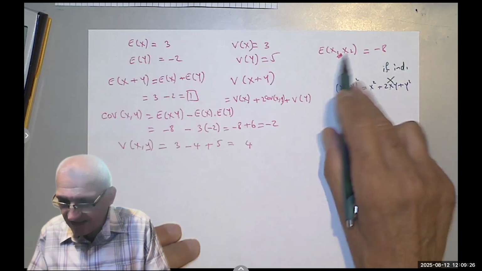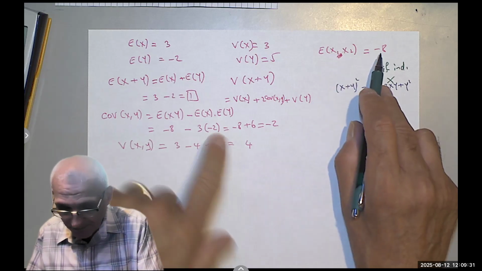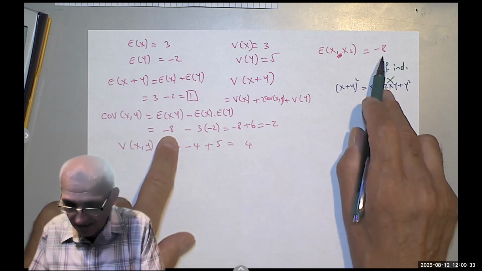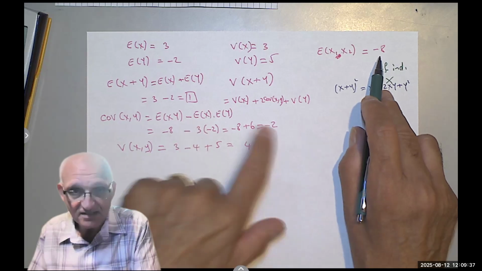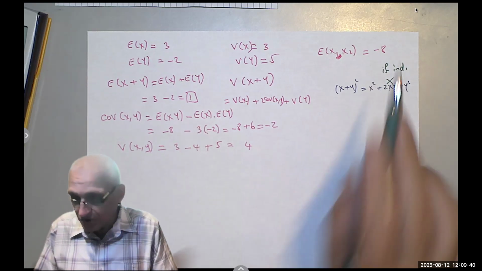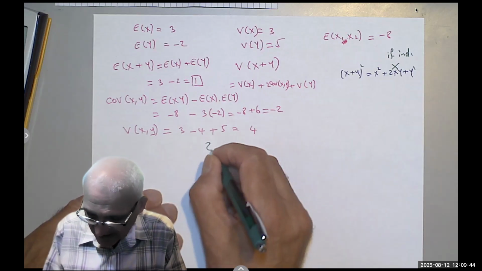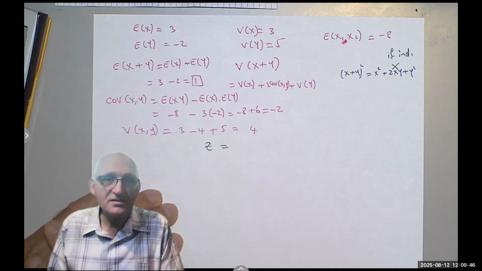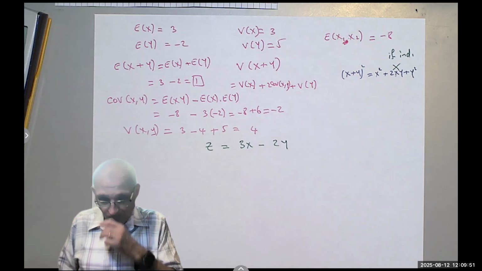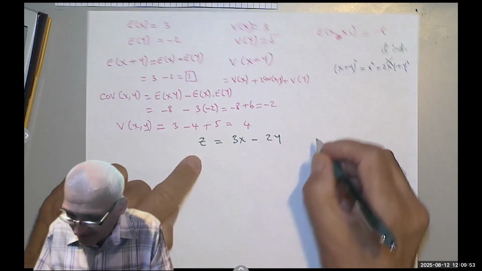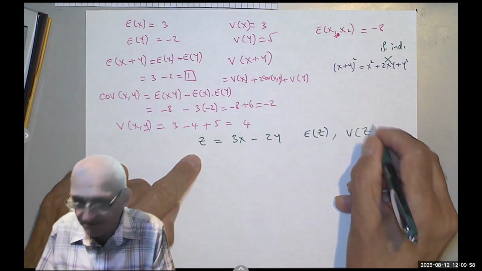Meaning in this case, the expected value of xy would have been -6, so that when I subtract them, I get 0. Okay? So suppose I have a new variable z that equals 3x minus 2y. And I ask you, find the expected value of z and find the variance of z.